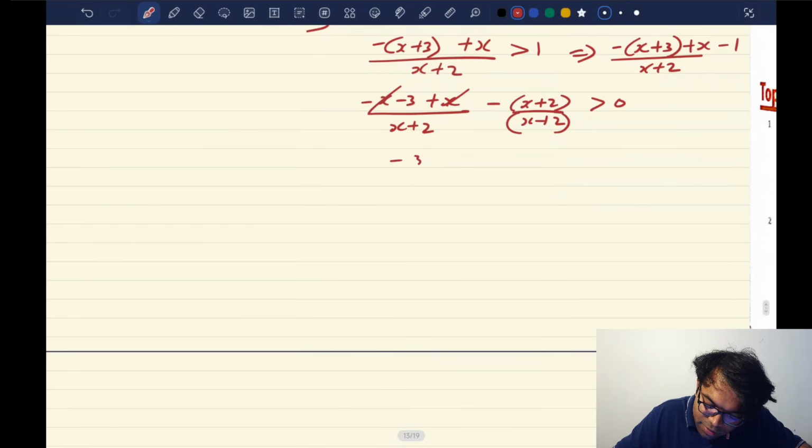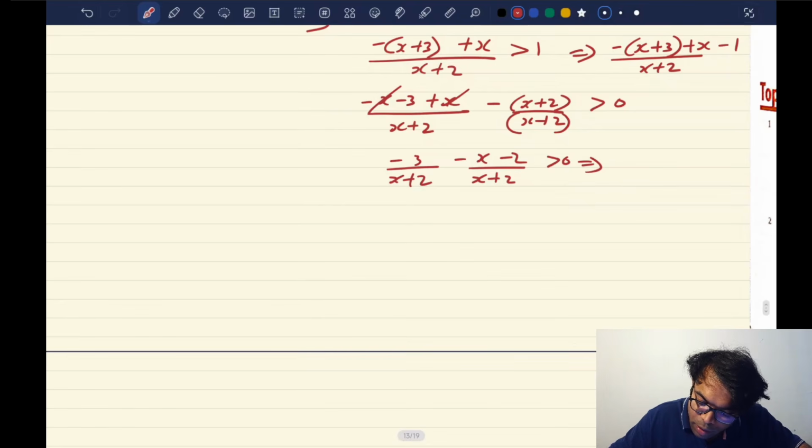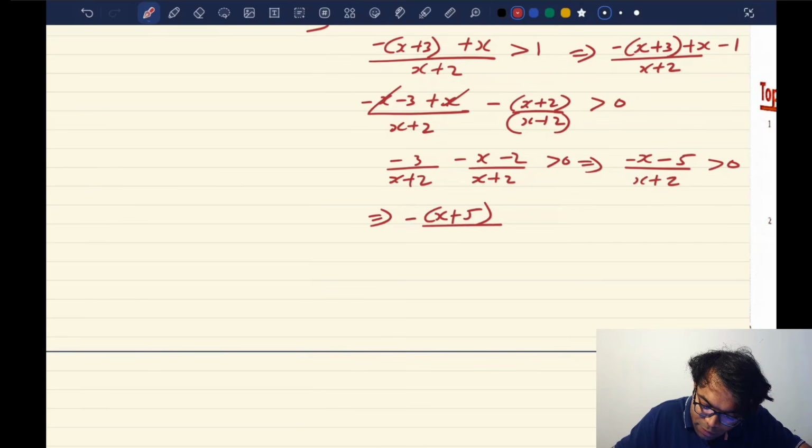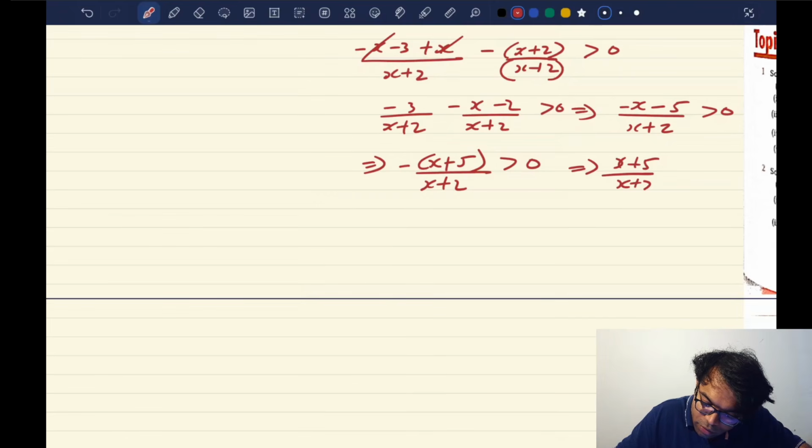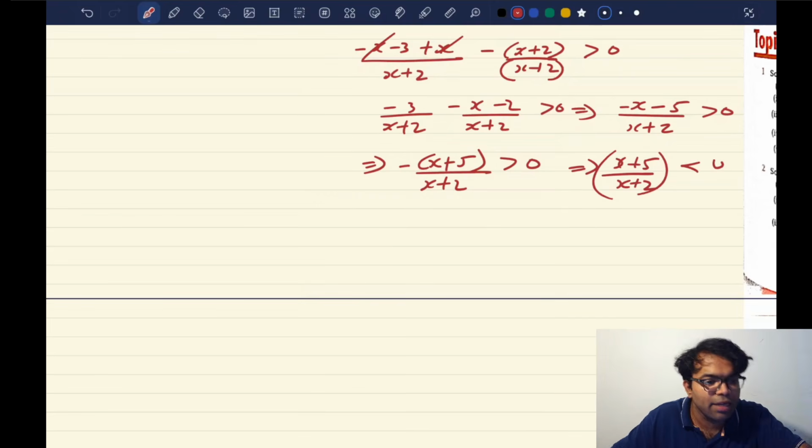I'll be left with minus 3 upon x plus 2 minus x minus 2 upon x plus 2 should be greater than 0, which will lead me to minus x minus 5 upon x plus 2 should be greater than 0, which can be written as minus of x plus 5 upon x plus 2 should be greater than 0. Therefore, x plus 5 upon x plus 2 should be less than 0.